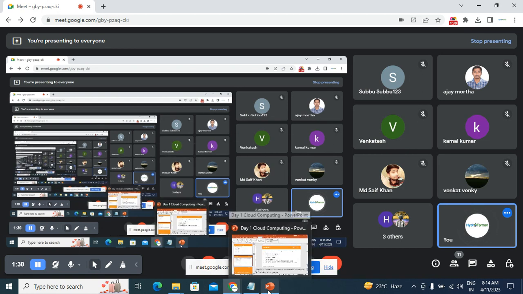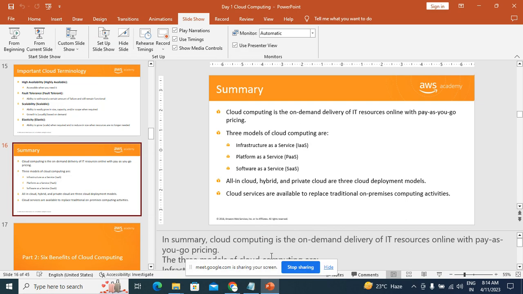So in yesterday's class, I think in the previous class we have covered regarding this. Main thing is, we got in depth into IaaS, PaaS and SaaS. Similarly, we found out what is public cloud, hybrid, private cloud, the three types of cloud deployments.